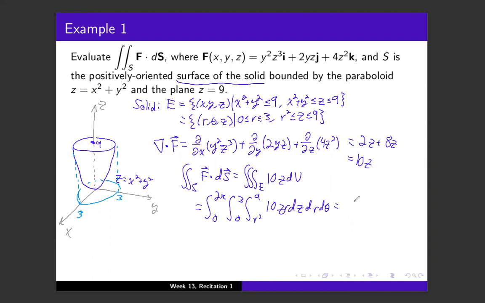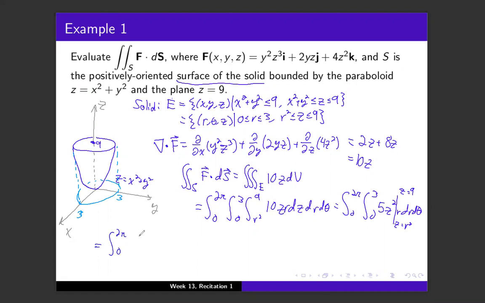Anti-differentiate with respect to z. That's going to be the integral from 0 to 2 pi, integral from 0 to 3 of 5 z squared r dr d theta, but you're evaluating this from z equals r squared to z equals 9.